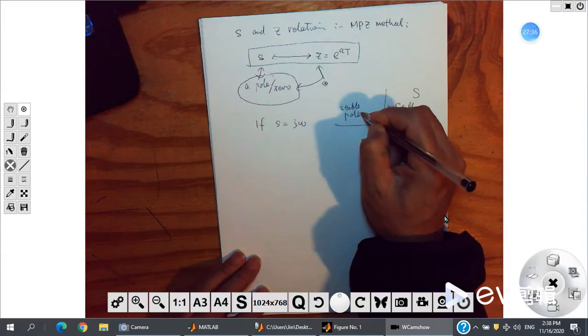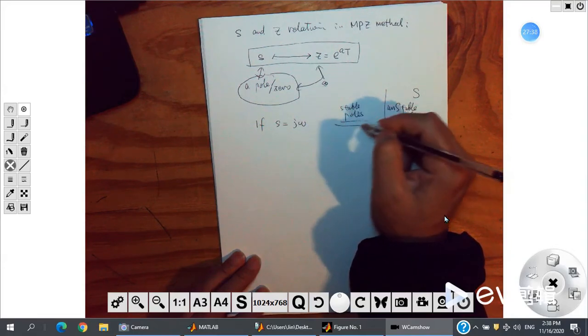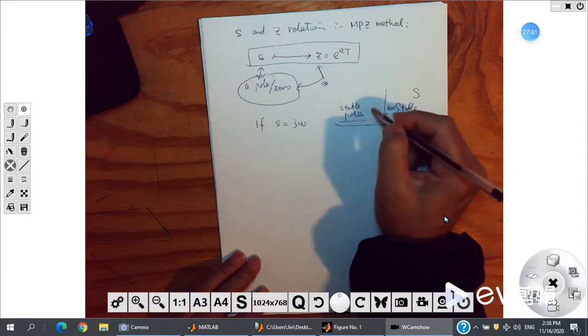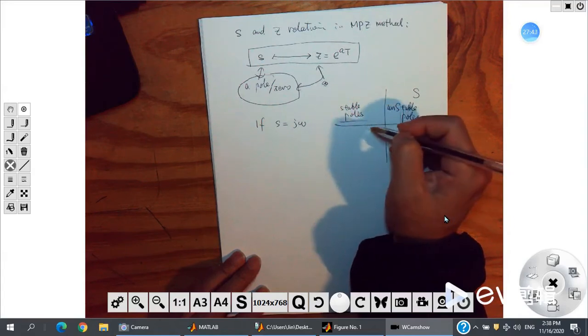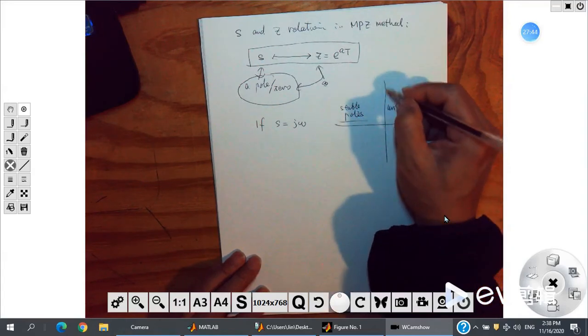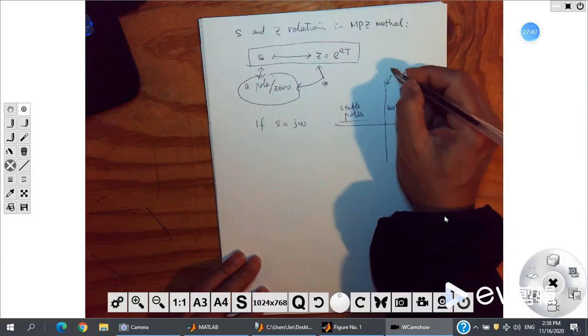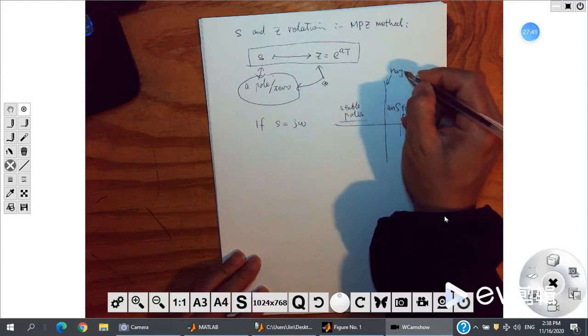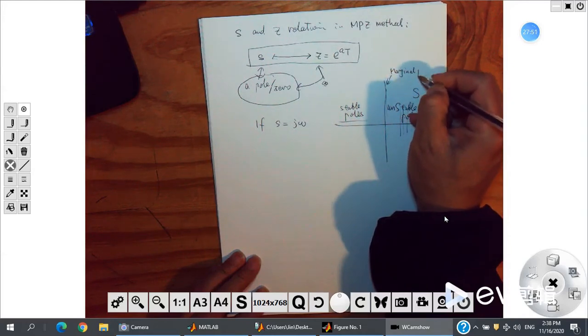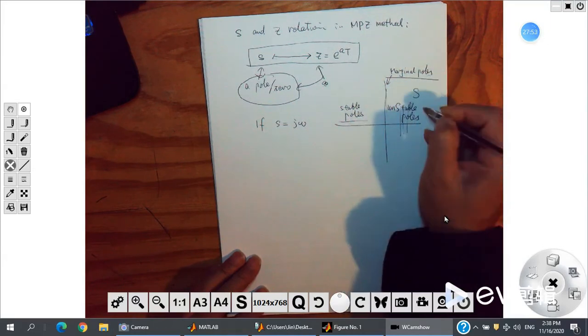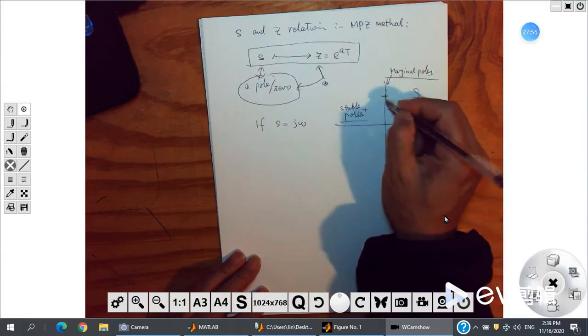If all the poles are located on this side, the system is stable. And here are the marginal poles.